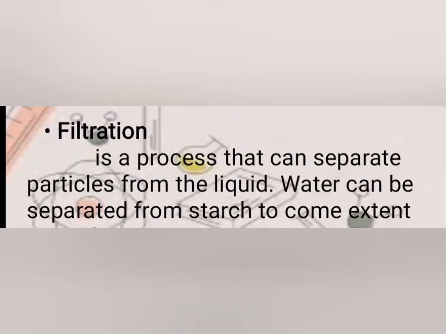Filtration is a process that can separate suspended particles from a liquid. Water can be separated from starch to some extent using filtration. An ultracentrifuge can totally separate components of a colloidal mixture.